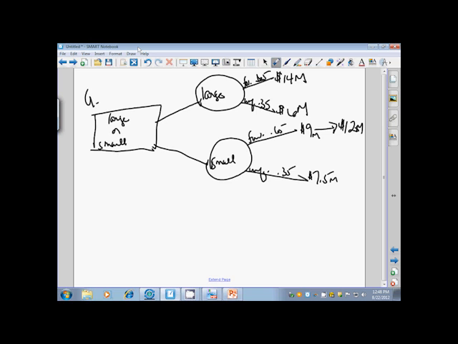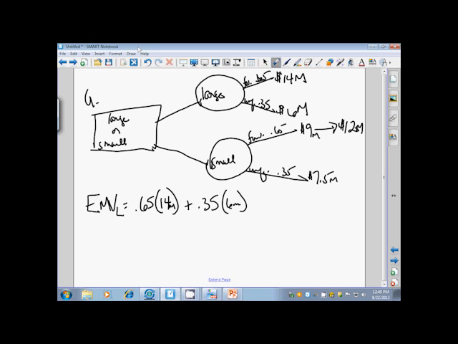Now, that's your tree. We need to figure out, should we build large or small? And we want to do an EMV for each, an expected or estimated monetary value. If we're looking for the large facility, we're going to take the probability of a favorable environment and multiply it by what the outcome would be, and add to that the unfavorable environment's probability with its outcome.